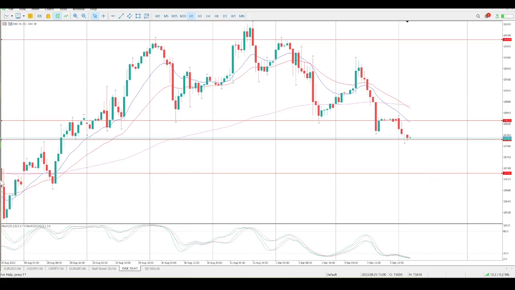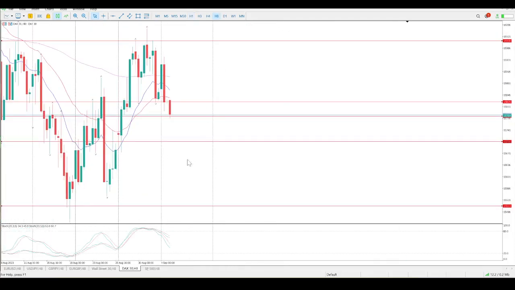There's one there, and then there's a bigger gap here on the, I think it's on the 8 hour, or yeah, there we go. On the 8 hour, that gap is wide open, so that could be a little bit more of a magnet. Lastly, in actual fact, just to add more fuel to the bearish fire, there's your 61.8 there, so that's just above this level.